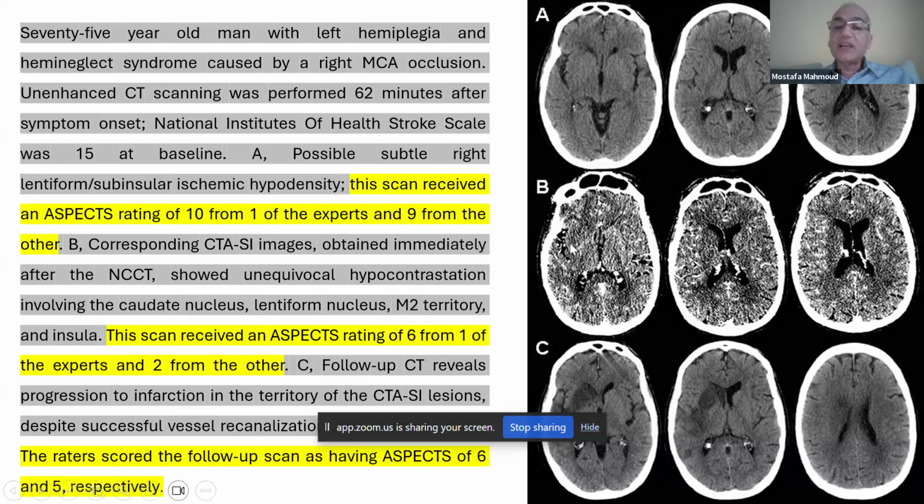It coincides perfectly with the source image CTA. This hypodensity you can appreciate here, and this hypodensity you can appreciate here.